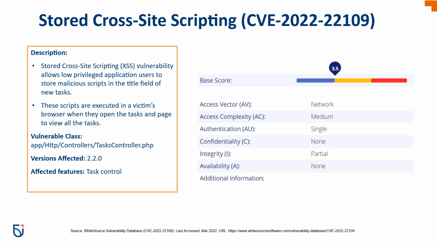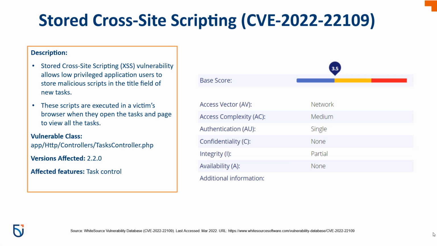Now, for the day-to-day CRM, the tax controller module has a cross-site scripting vulnerability that allows users to view unauthorized tax details of others. So this basically means that unauthorized users can actually view the tax details of other people. In terms of the overall impact of this vulnerability, it's medium to low.